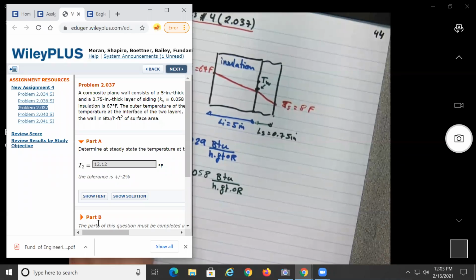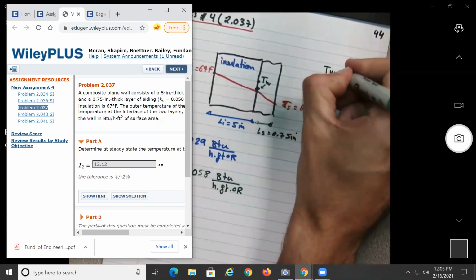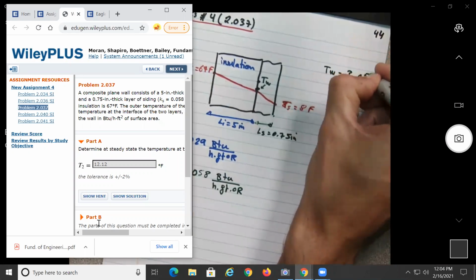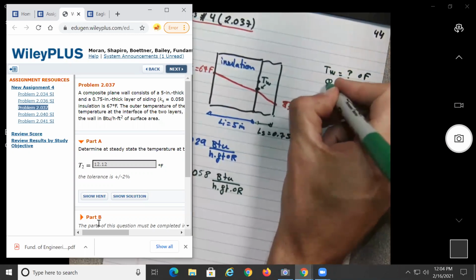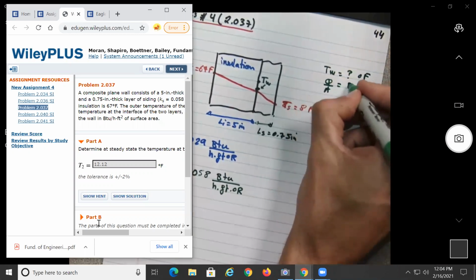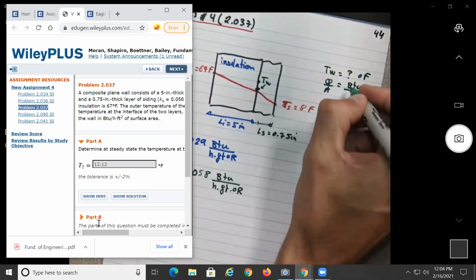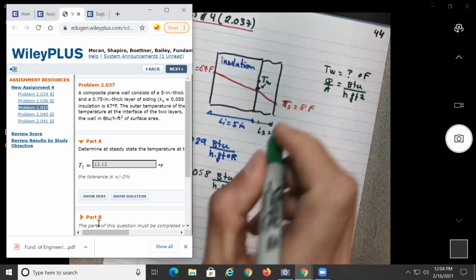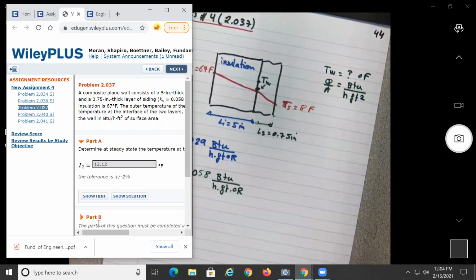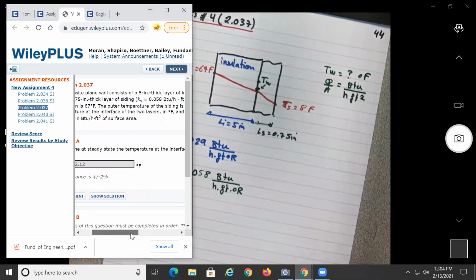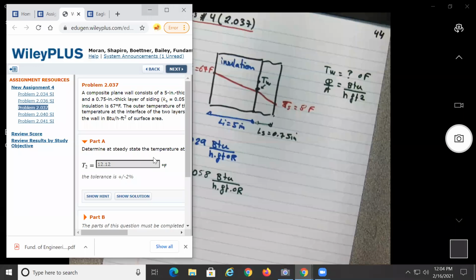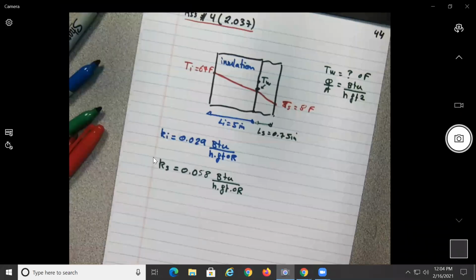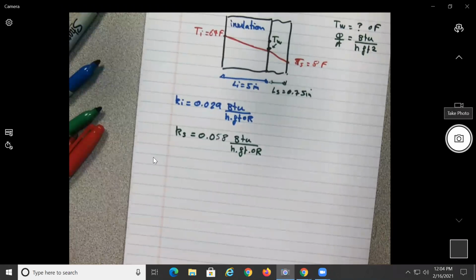So we need to find T wall in Fahrenheit and Q sub A, because I think it's BTUs per hour foot square. For me, you see, it is 12.12 degrees Fahrenheit, but let's see what that would be.